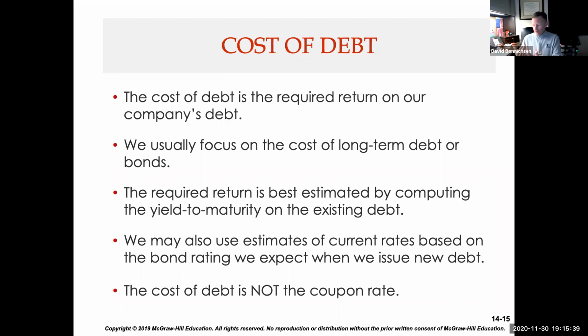The value of our debt isn't what it was when we took out that note. The value of our debt on our balance sheet is based upon the prevailing market rates, plain and simple. So the required return is best estimated when we compute the yield to maturity of the debt that we have on the books.